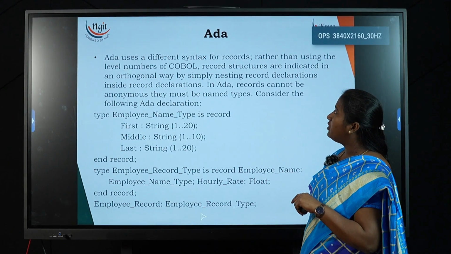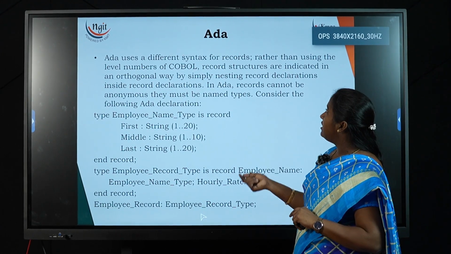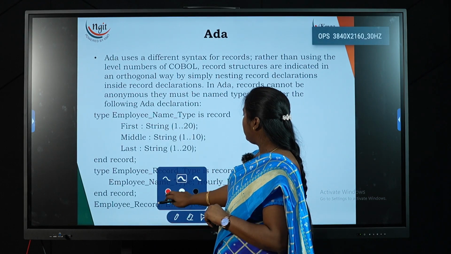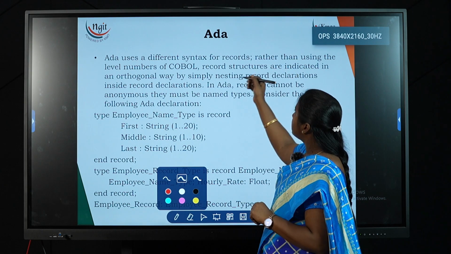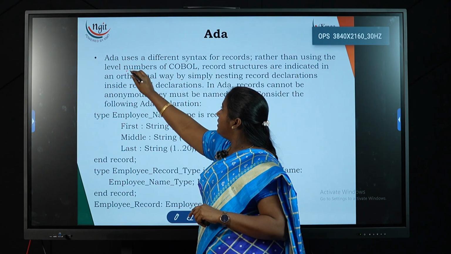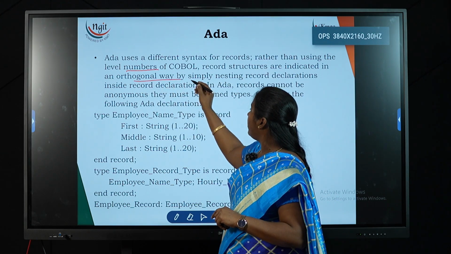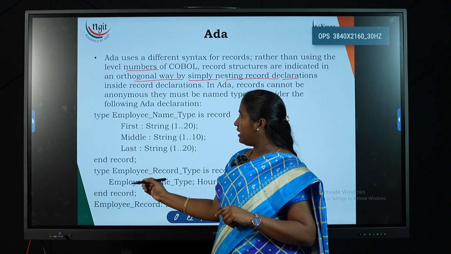Now let's see how Ada uses records. Ada uses a different syntax for records, as shown in the slide. In COBOL we use level numbers, but here record structures are indicated in an orthogonal way by simply nesting record declarations, which you can see over here.